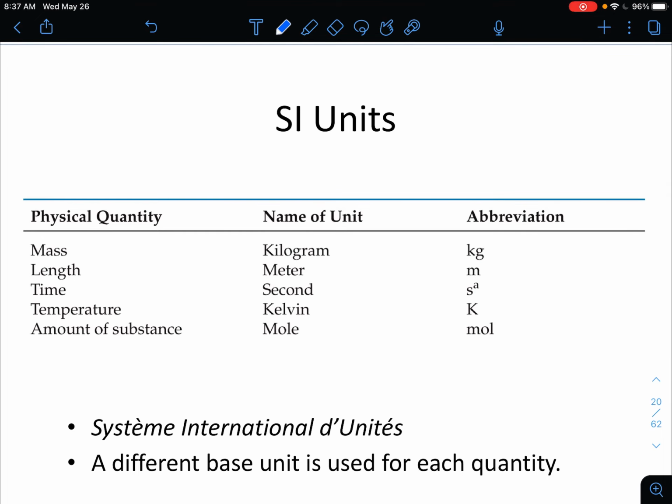So we're going to be using what we call SI units in this course, so International System Units. That means mass will be in kilograms, length will be in meters, time is still time in seconds, temperature will be in Celsius as well as Kelvin.